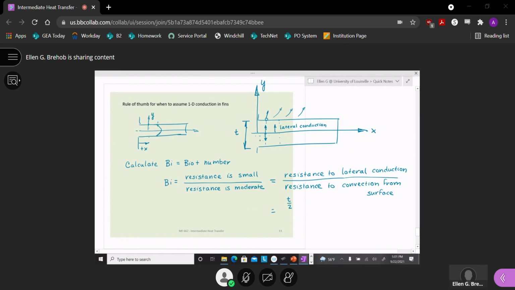This can conduct this direction, so I really only care about a half thickness that I have to conduct heat through. So L over kA. Okay, and just reminding you, normally I think of this as an L over kA. I put my 2 in the denominator. Okay. And for convection, 1 over hA.